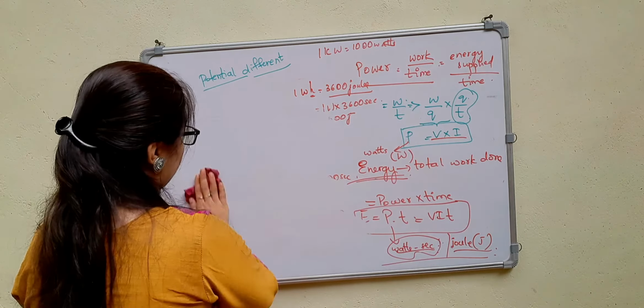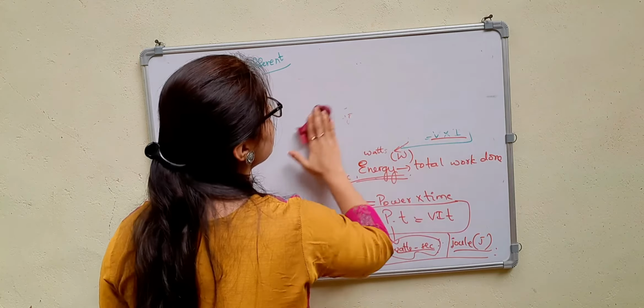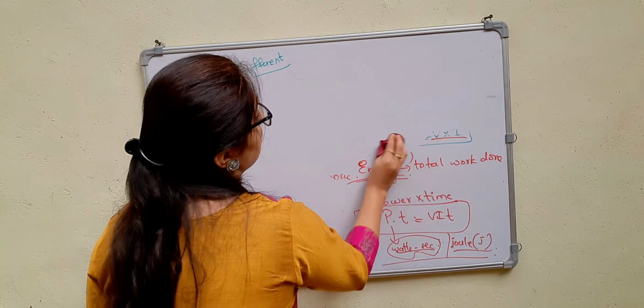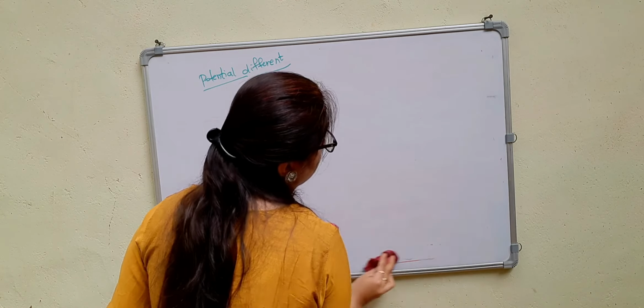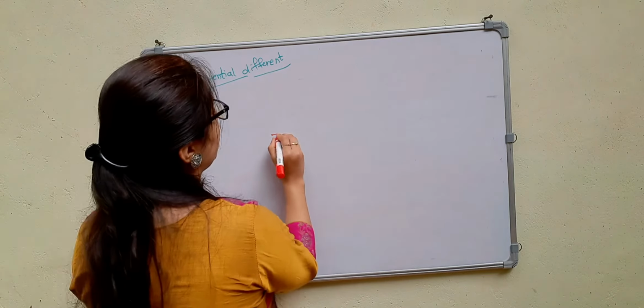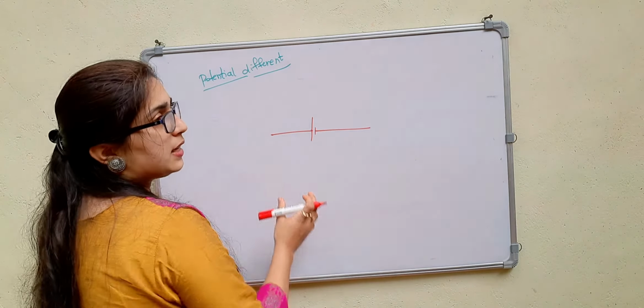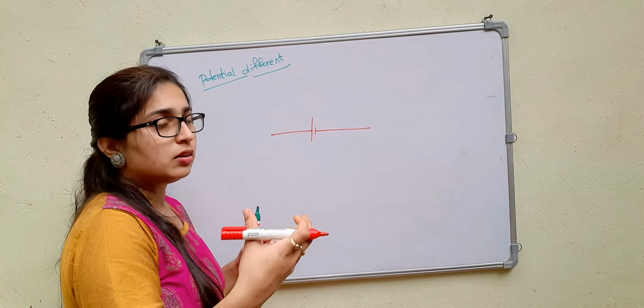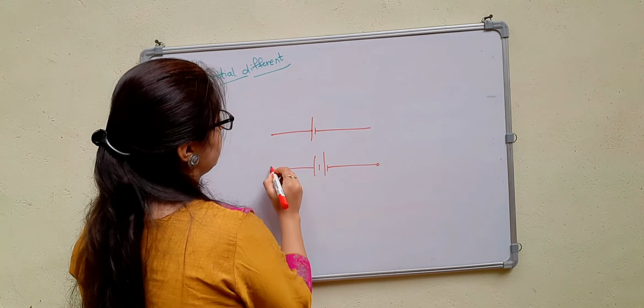See, next, when you consider cell and a battery, what is the difference? Cell is actually supplying energy, right? Yes. So, we can denote cell like this. But battery is a single cell or it can be the connection of cells, right? So, the battery will be denoted like this.